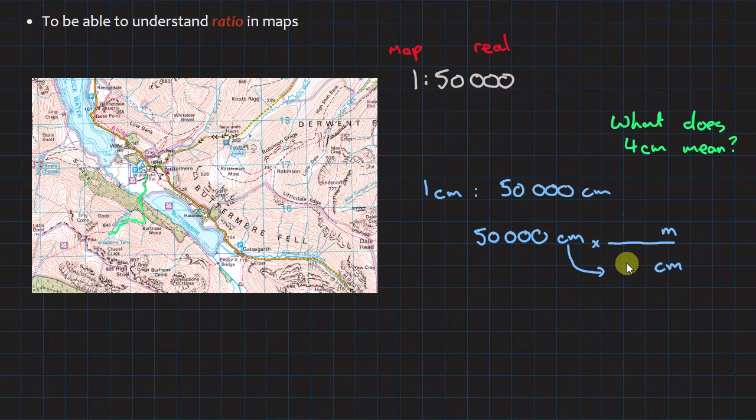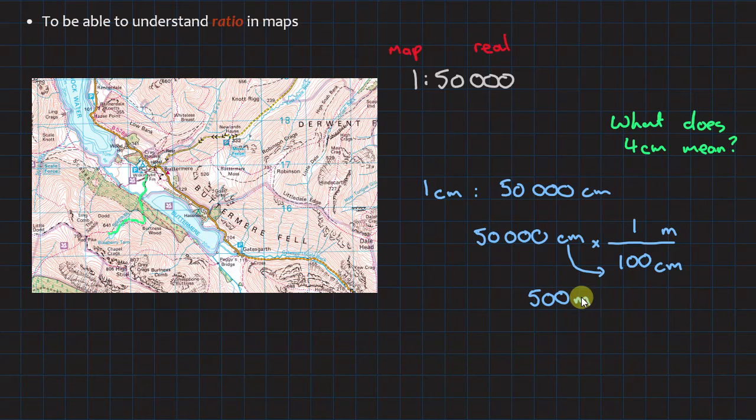So what's the conversion? We've got 1 metre is 100 centimetres, and that means that we're going to take 50,000, multiply by 1, divide by 100. So that tells me now that this is going to be the same as move 2 places smaller. So 1 centimetre is 500 metres.